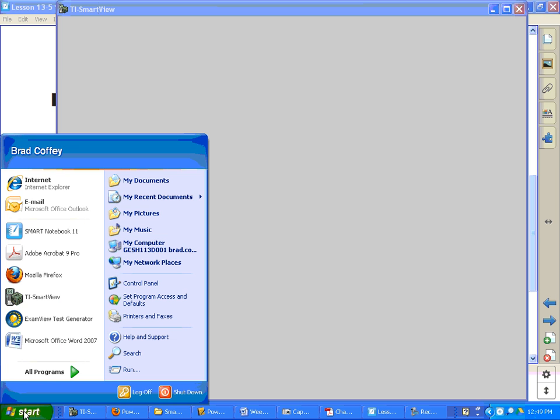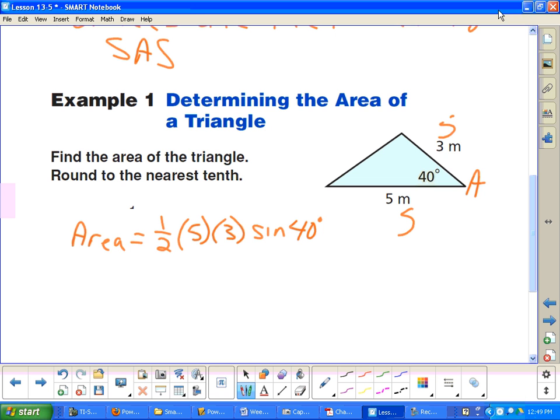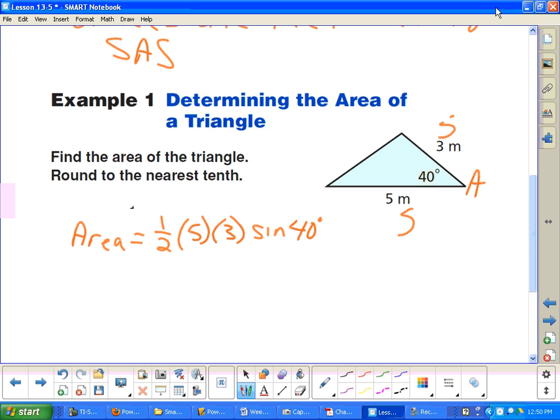Just plug it into your calculator, if you can see your calculator. Well, maybe not. Okay, so what is the answer to that?